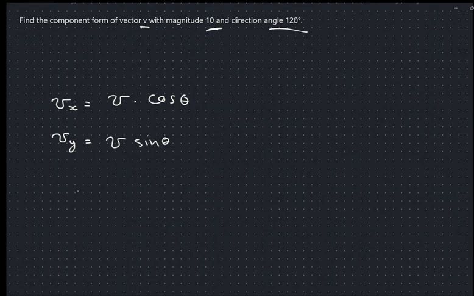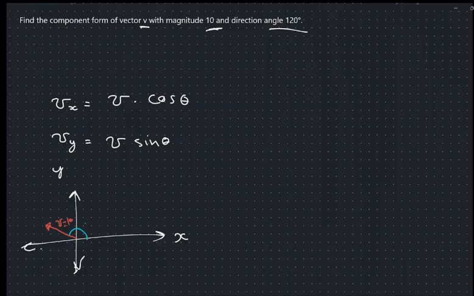So if we visualize it, let's have an axis y versus x again. We have a vector v, and it is pointing kind of in this direction, and it has a magnitude of 10. So v is equal to 10. And the angle between it and the positive x-axis is 120.